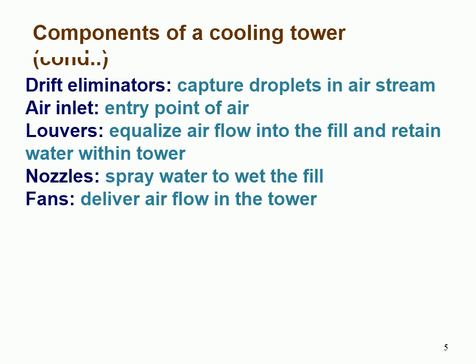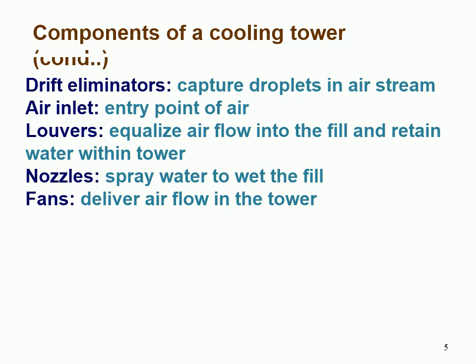Fans. Both axial, propeller type, and centrifugal fans are used in towers. Generally, propeller fans are used in induced draft towers and both propeller and centrifugal fans are found in forced draft towers. Depending upon their size, the type of propeller fans used is either fixed or variable pitch.